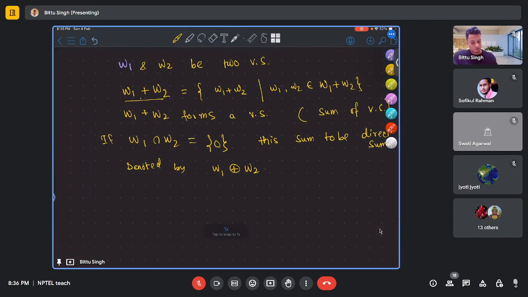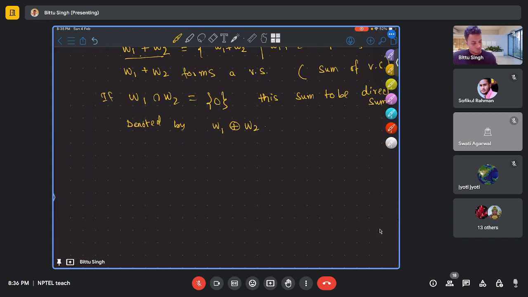Suppose X is any matrix, X belongs to M n cross n. Can you write X as sum of symmetric and skew symmetric matrix?